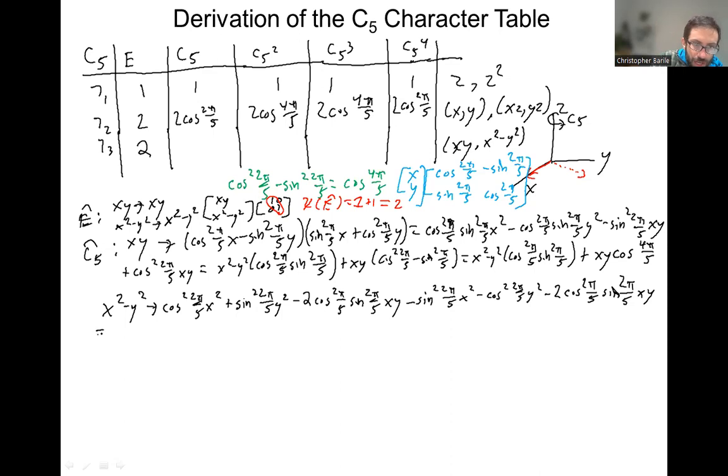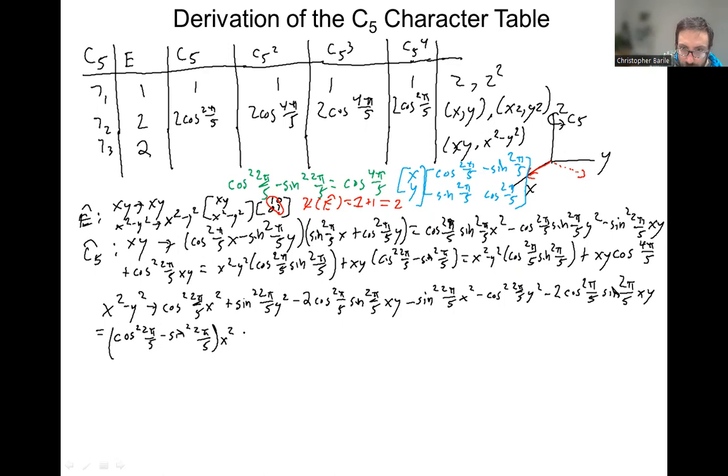And now we can combine like terms. So what do we have here? Well, it looks like we have an x squared thing here. So let's factor out an x squared. We're going to do that by cosine squared 2 pi over 5 minus sine squared 2 pi over 5, times x squared.